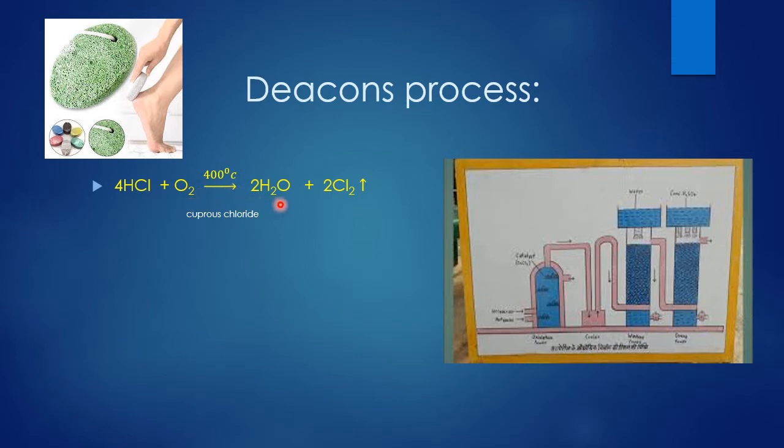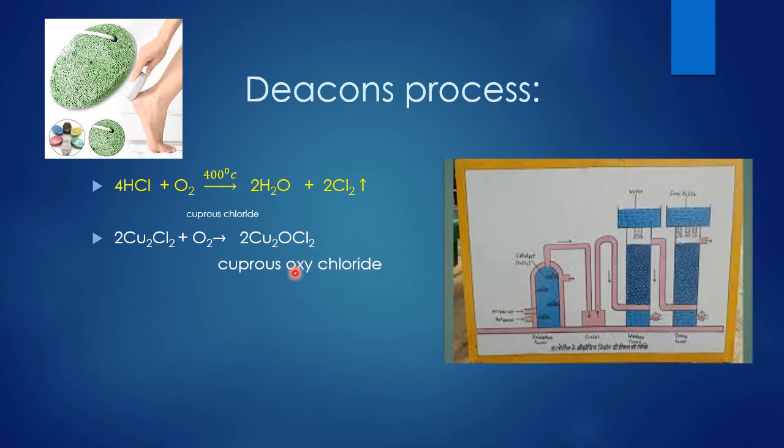It gets converted into water as well as chlorine gas. Actually this is a single step process, but you know that a catalyst does not take part in a reaction; instead it increases the rate of a reaction. So what is the use of this catalyst? How does it behave inside this container? Let's see. That's what the mechanism explained below shows.